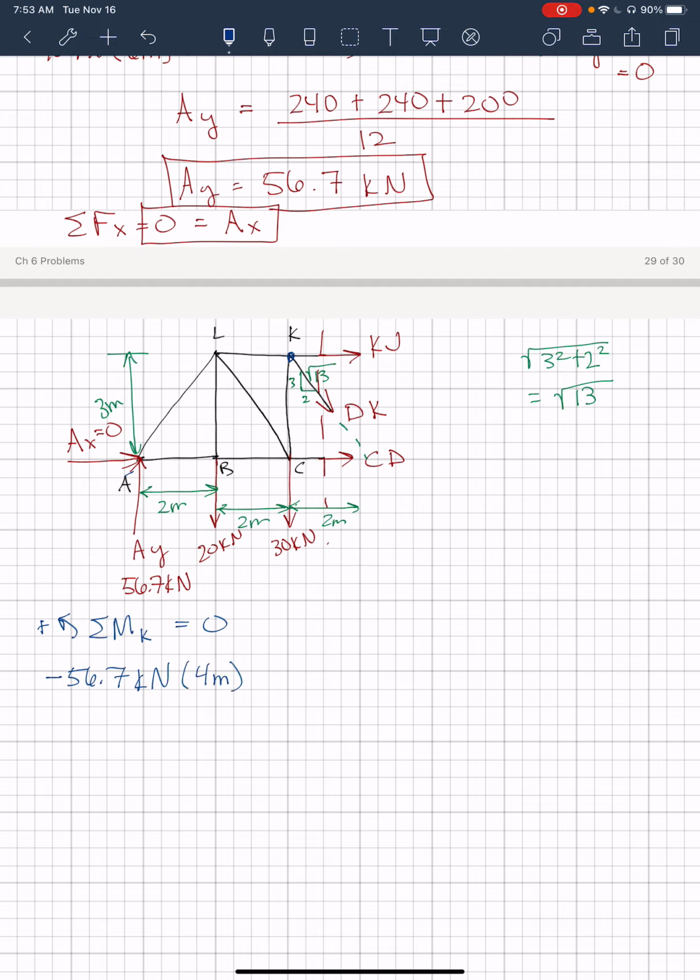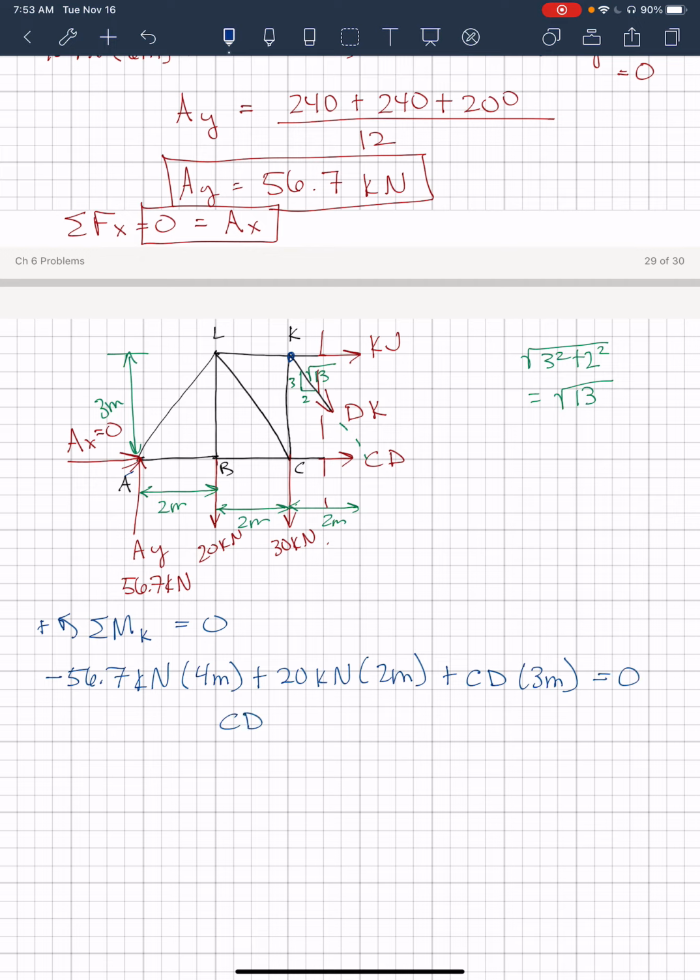And then the 20 kilonewton force will create a positive moment, so plus 20 kilonewtons times 2 meters. That 30 kilonewton force is along the same line as K, so there's no moment arm, so the moment would just equal 0. And then CD will create a moment also, so plus CD times 3 meters, and that equals 0.